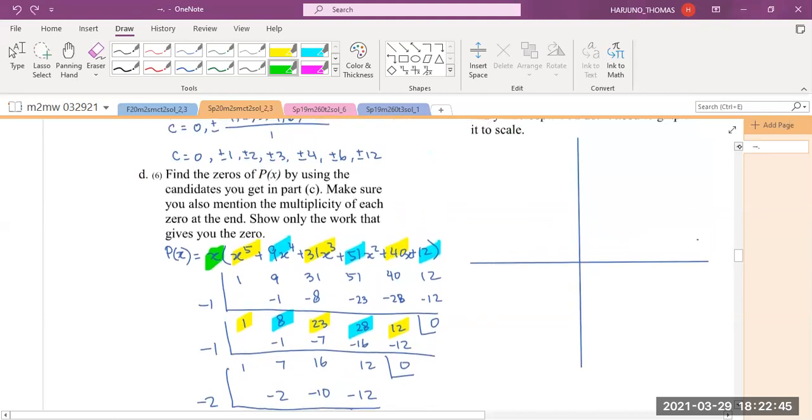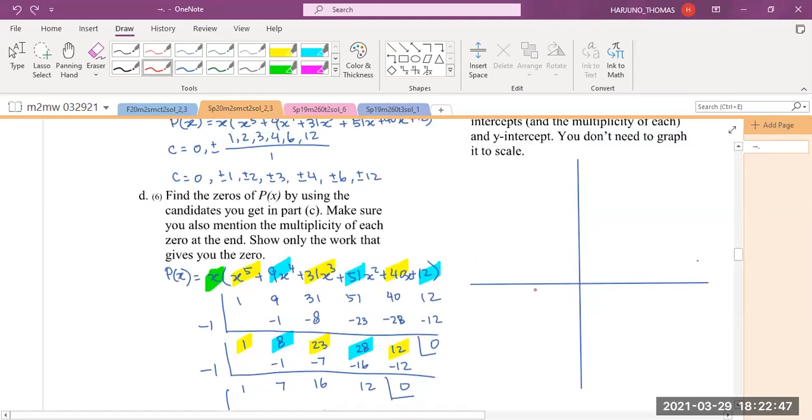Now then the x-intercepts are x equals 0. The zeros are -1, -2, -3. It's top, is it right? It's top. Okay, so -3 is a zero with multiplicity of 1, so it crosses. -2 is a zero with multiplicity of 2. -1 is a zero with multiplicity of 2.